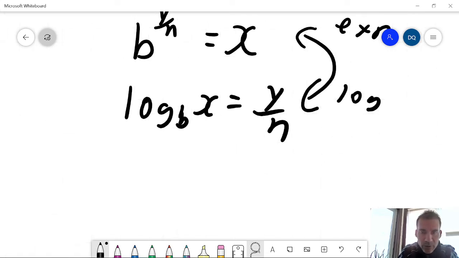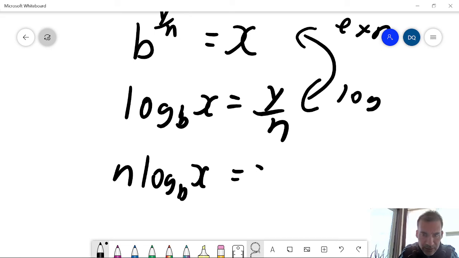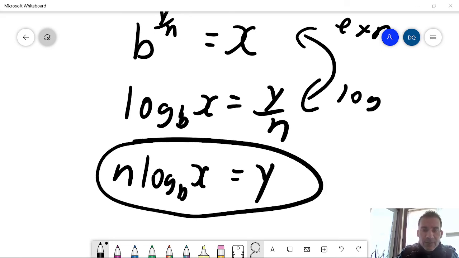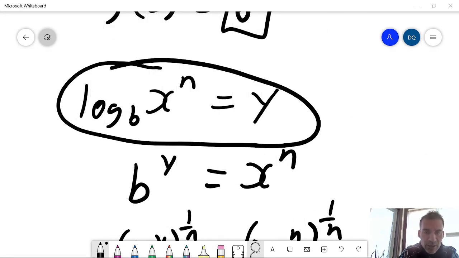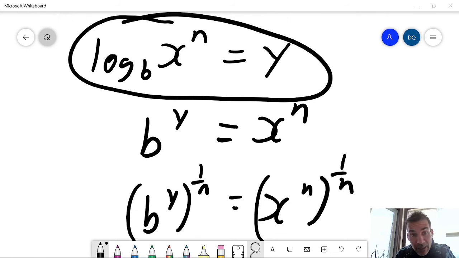Now let's do a little bit of work to it. Multiply both sides by n. You end up with n log b of x is equal to y. However, remember, y was equal to, we started out by saying y is just a stand-in for the base b log of x to the n.